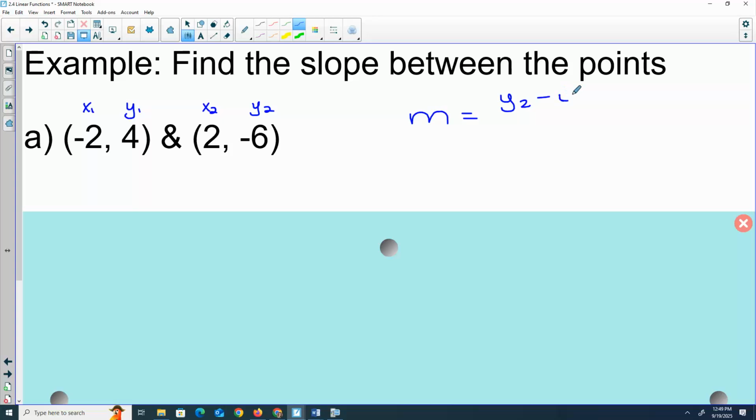So y2 minus y1 over x2 minus x1. So if we do that, we get -6 minus 4 over 2 minus -2.